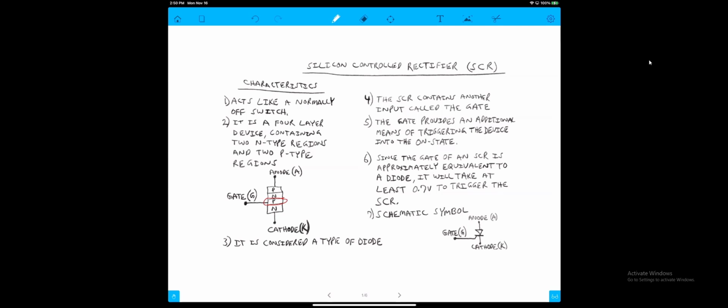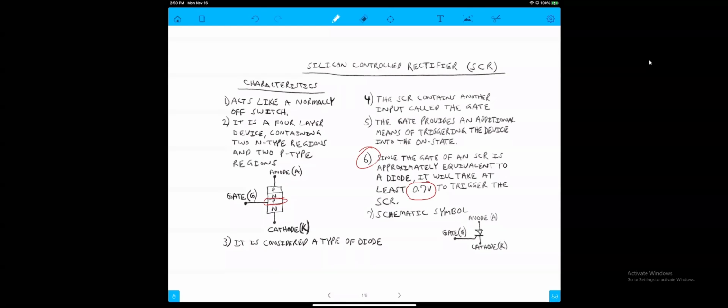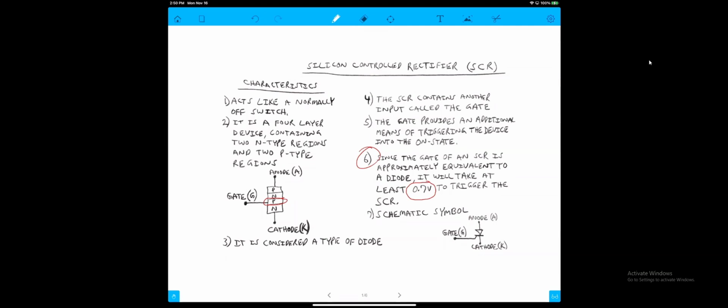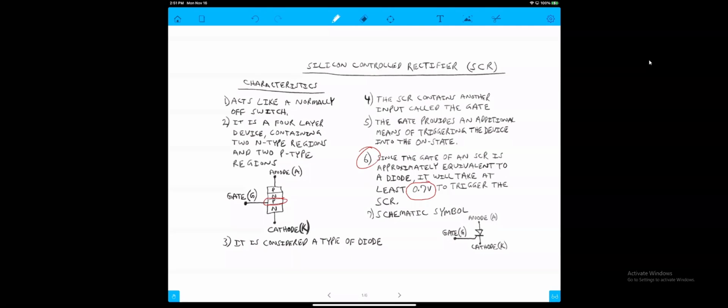On step 6, just like anything else, it's going to require 0.7 volts to trigger that SCR. Does that make sense? This is a positive 0.7 volts.